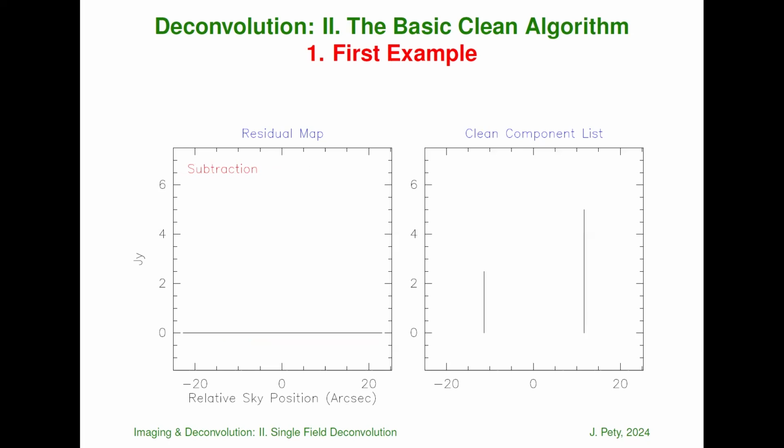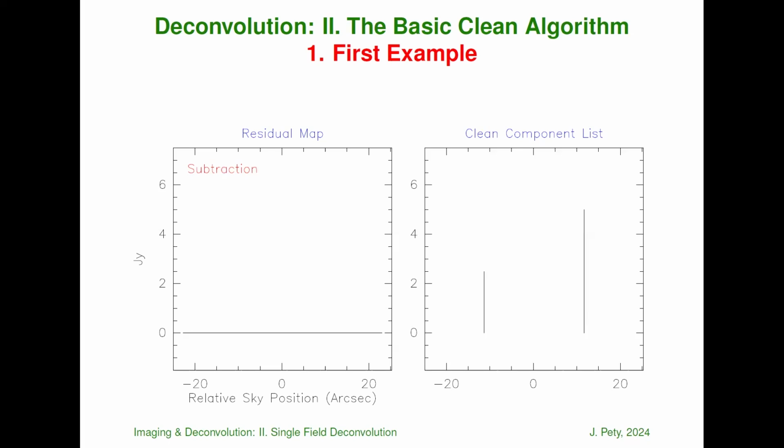In fact, it's slightly more complex than this, because first, the position of the source is not very well defined. In the dirty image, you have a pixelized image, and so you will assume that the point source is localized at the center of one pixel, which there is no reason why in nature it should be.